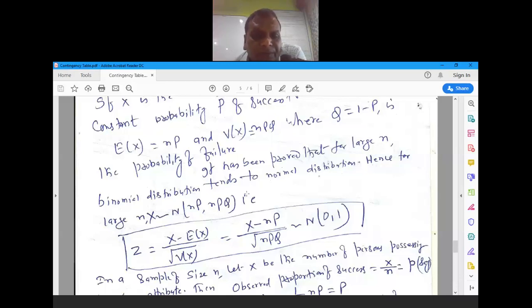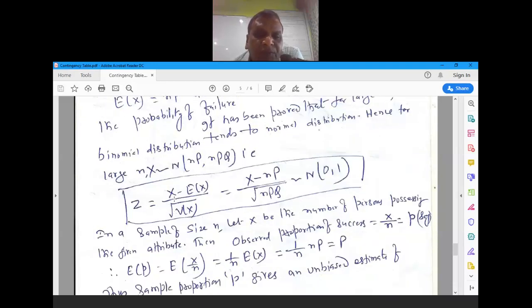So your z statistic will be nothing but z is equal to x minus expected value of x divided by the standard deviation of x. In place of x, it remains as such x, and in place of expected value of x, we put the mean, np, and in place of variance, we put npq.